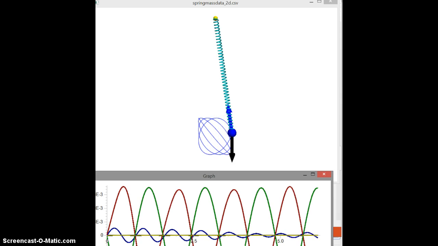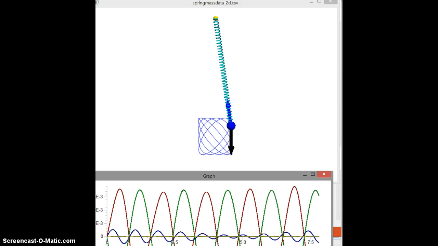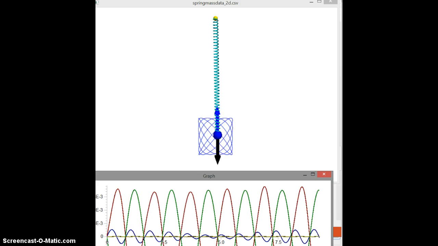So the blue arrow represents the spring force, the black arrow represents the weight force due to gravity, which is F equals mg, also known as the gravitational force. The ball, as I said, represents the mass.